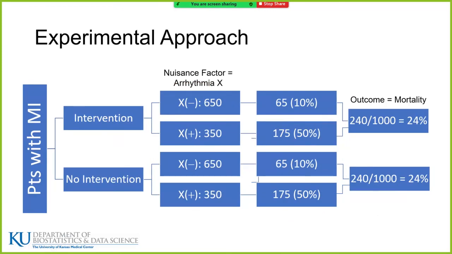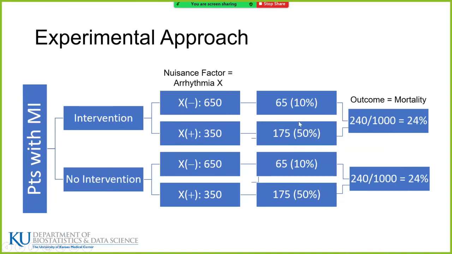The experimental approach, in other words, employing randomization, protects us against this unknown nuisance factor, arrhythmia. What does it do? It takes all of the patients that are eligible and randomly assigns them to the treatment or control. I wasn't consistent about what I called this, treatment or control.